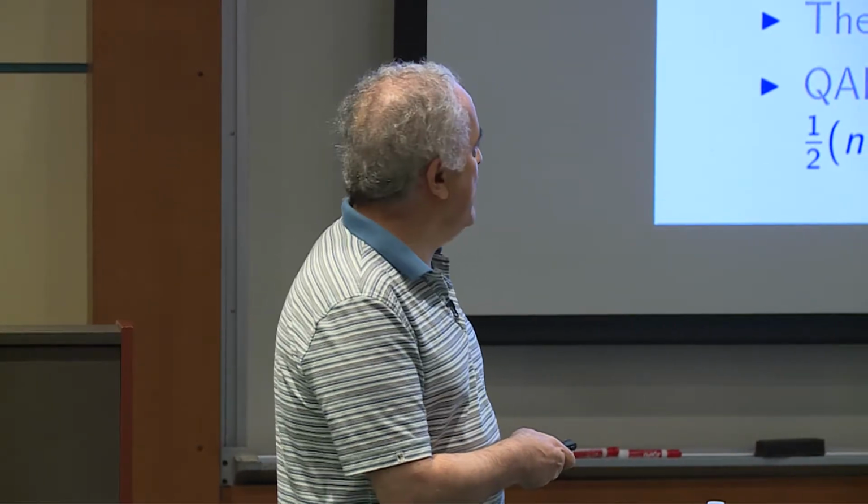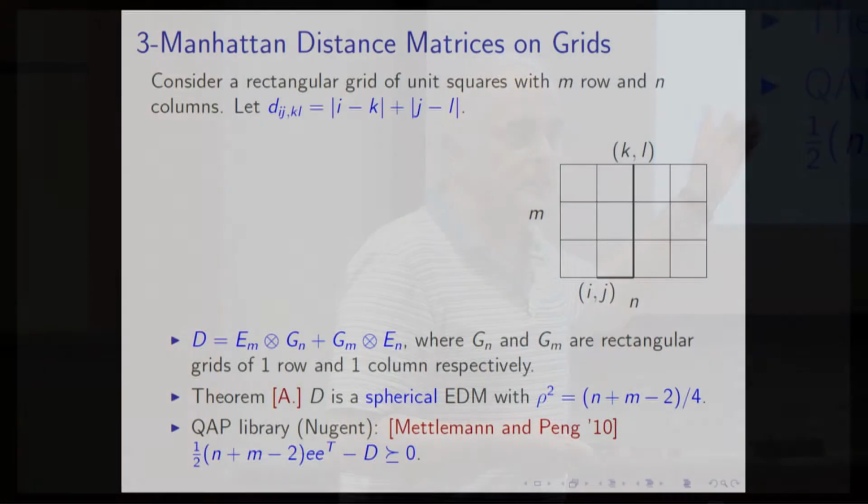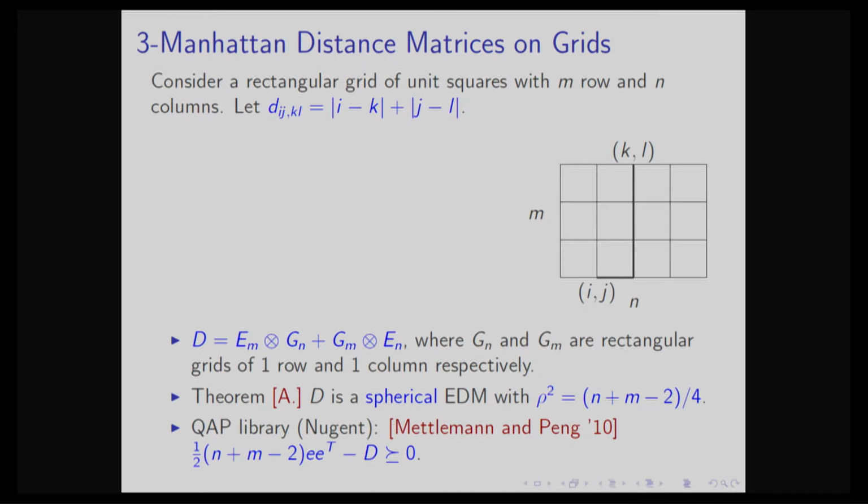In 2010, Mittelmann and Peng were studying this class of problems for the QAP, and they needed a way to decompose these matrices into positive semi-definite matrices because that was useful for them. Then they obtained this result, that (n plus m minus 2) half E transpose minus D is positive semi-definite.